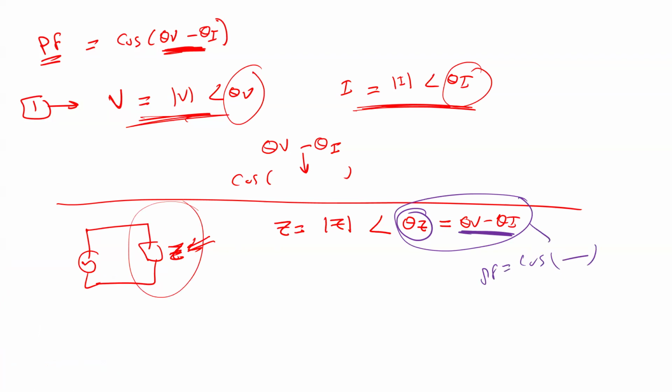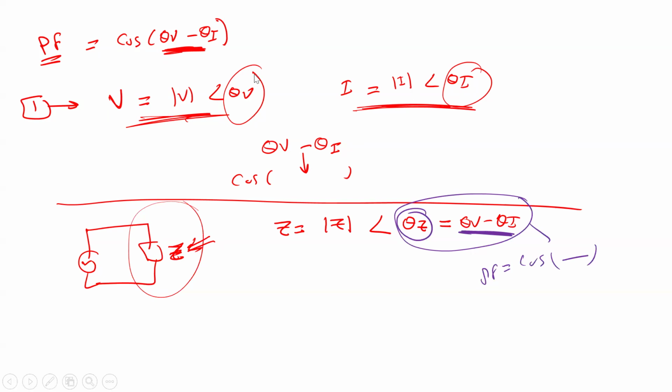So I'm explaining different ways to calculate the power factor, and you can use whatever is easier for you. If I already have V and I, that means I have theta V and theta I, so I can easily calculate the power factor.